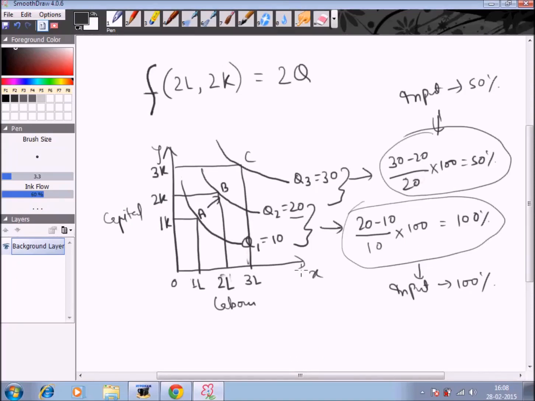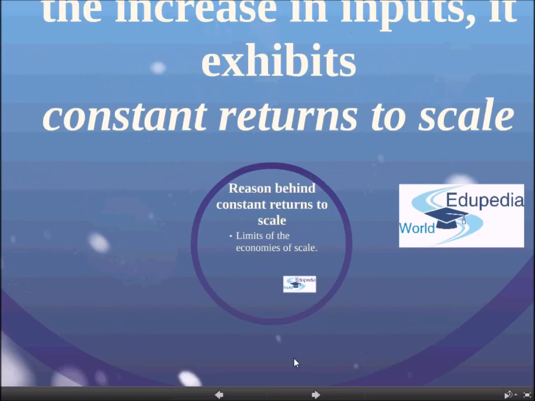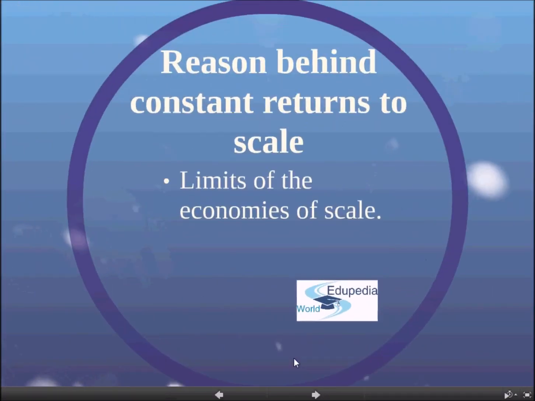Now let's see what are the reasons behind this behavior. That is, why does output increase proportionately to the increase in the input? It is because of limits of economies of scale.